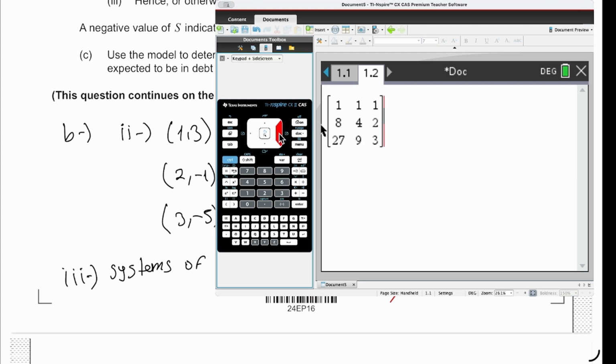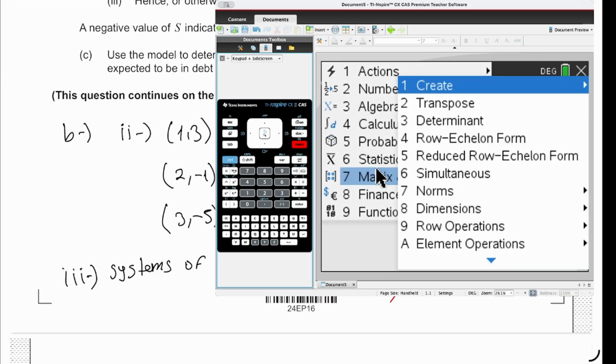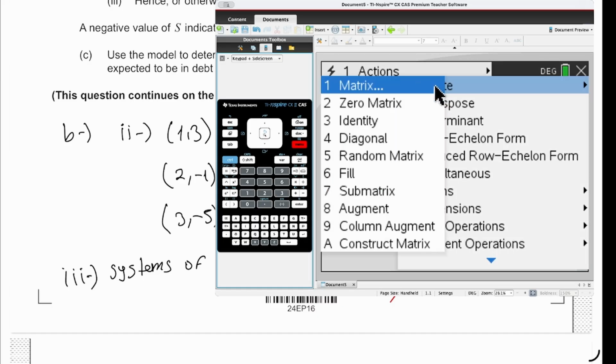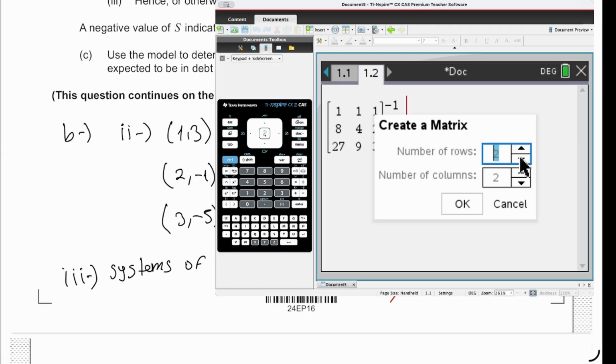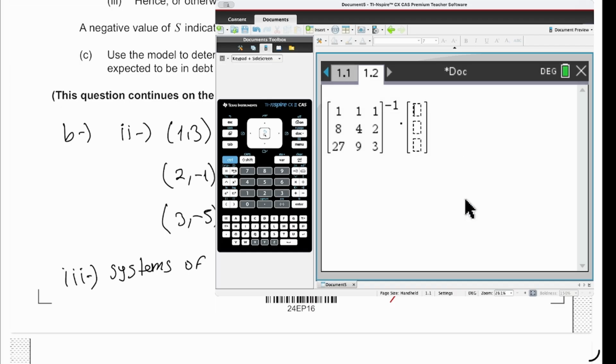So you just need to do to the power of -1, then times the resultant matrix. For the resultant matrix, go to menu, matrix vector, create matrix. We have 3 rows and 1 column, and this is 8 4 0.